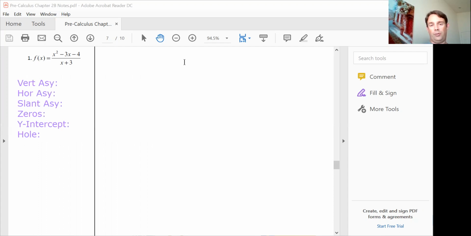First up, vertical asymptote. Now, before I set my denominator equal to 0, I have to first factor my numerator. So f of x equals x squared. Oopsies. I do my factoring here. x minus 4, x plus 1, all over x plus 3.